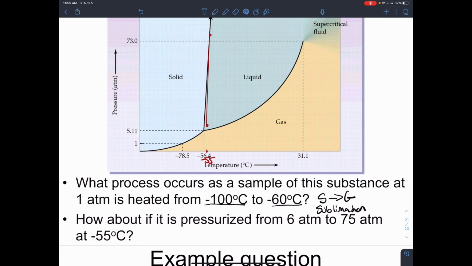Actually, I'm starting to think this is probably going to be a little bit over like that, because 55 is right there next to 56. So what happens? Well, it starts out as a liquid, and then it crosses the line and becomes a solid. So liquid to solid, that's called freezing.